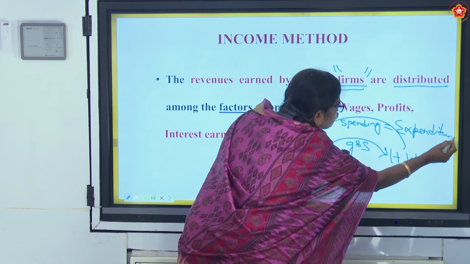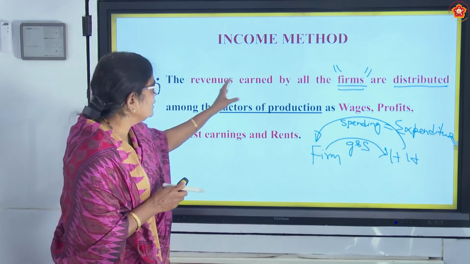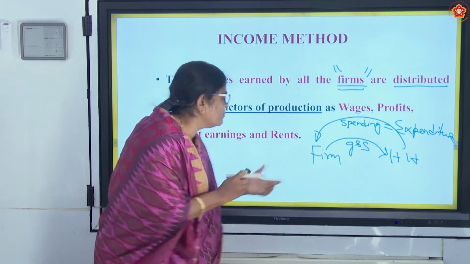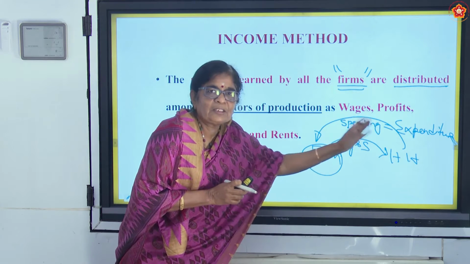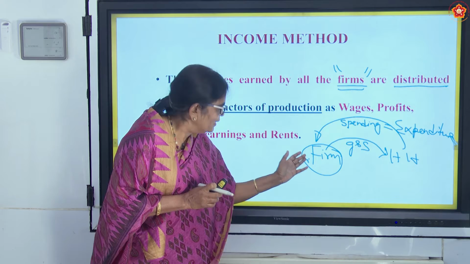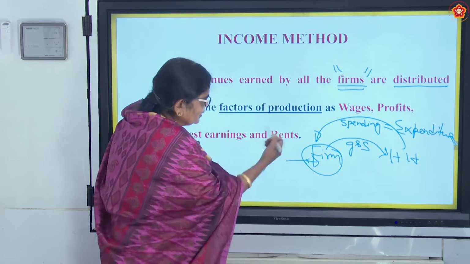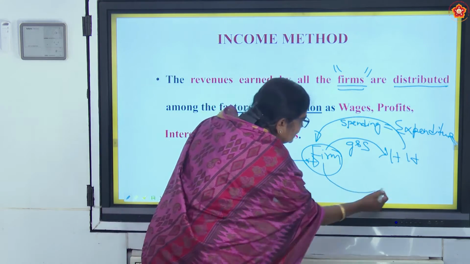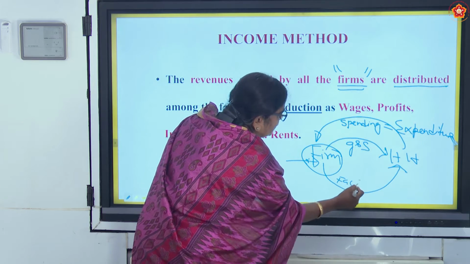Therefore, what is happening? Here, the income is earned by the firm. How does the firm earn? Household spending, expenditure, is nothing but income for the firm. That is what the firm receives as earning. Then what do they do again? In turn, they give back to the household in the form of factor payment.